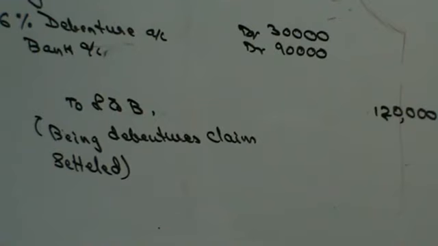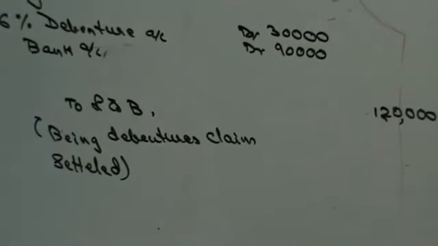I haven't done that. And to provide further cash of 90,000 on the floating charge. They are providing you cash. Cash is coming in on a floating charge. Right? Okay. Let's see this.